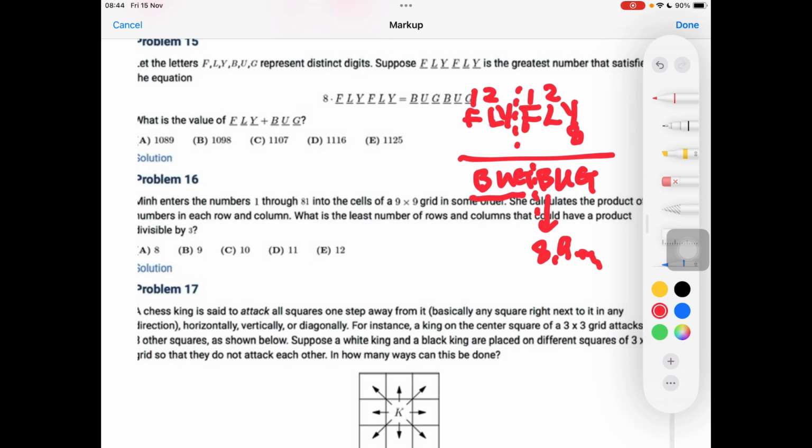Or actually L could be 0 or 2. I don't know yet. Yeah, let's make it like this. L becomes 2 or 0. And Y becomes, I don't know, let's say 7.